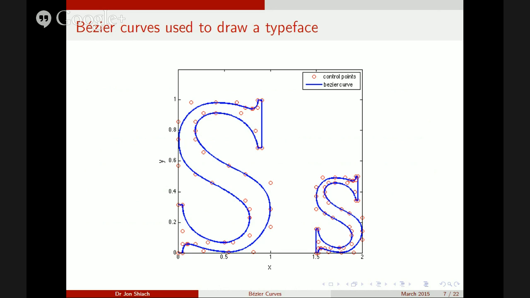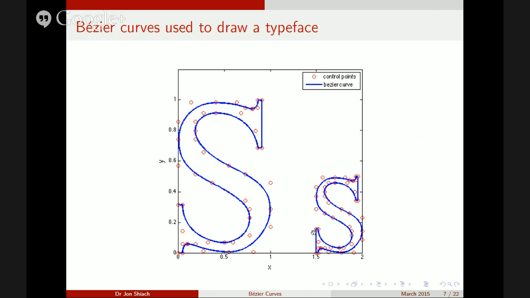What I've also done here is I translated all these control points so that the center of S is at 0, 0, and then I shrunk it. Okay, is it a factor of a half? Yes. So I shrunk it by a scale of a half. I translated it over here. That has been applied to the red points.